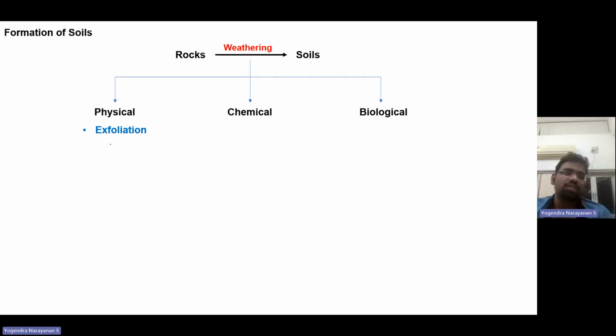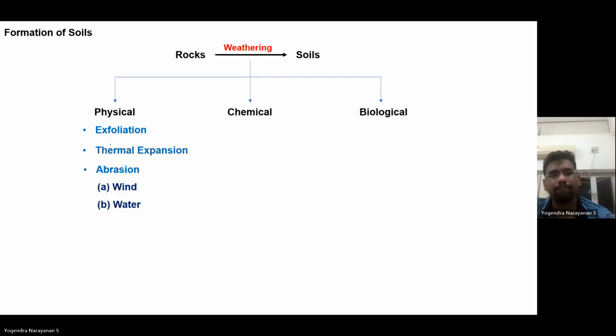So first one is exfoliation under physical weathering. Second one is thermal expansion. Third one is abrasion due to wind and water. Fourth is attrition. Fifth is frost action.